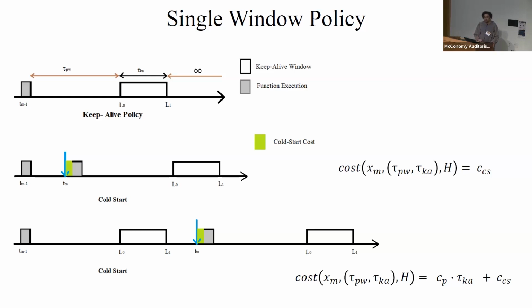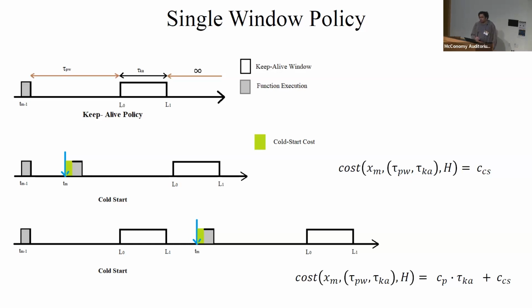We denote the cost of a cold start as CCS. And if the function gets invoked after the keep alive window, then the cost for a cold start will be the CP times the length of the keep alive window plus CCS. So when you see these figures, you notice that in order to compute the cost of a policy, you need to know the invocation times of the function.